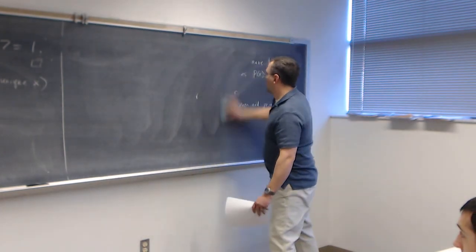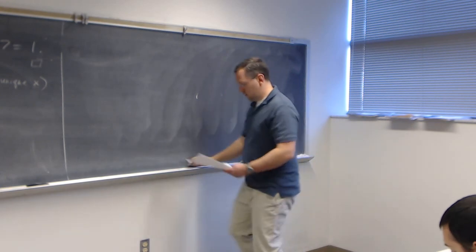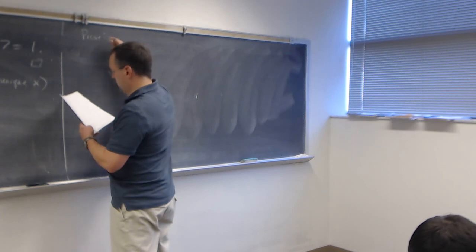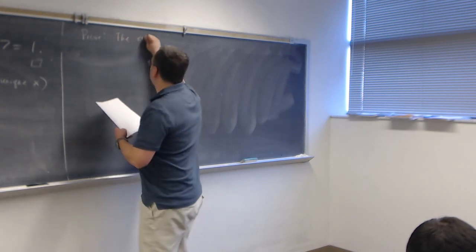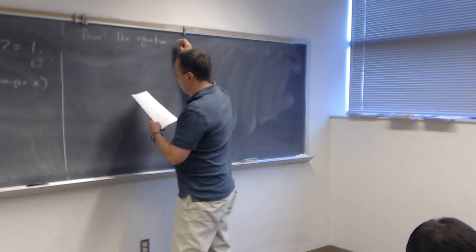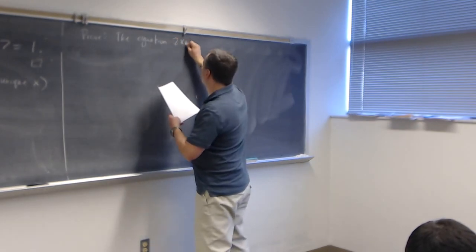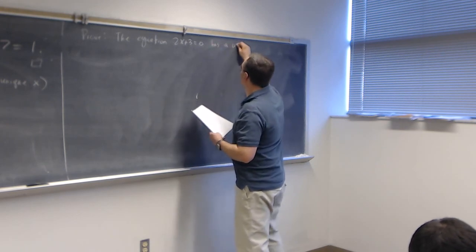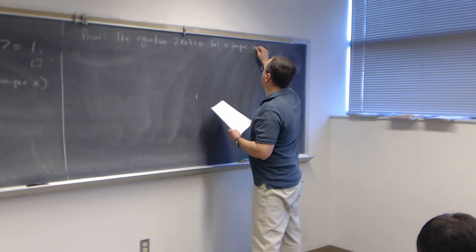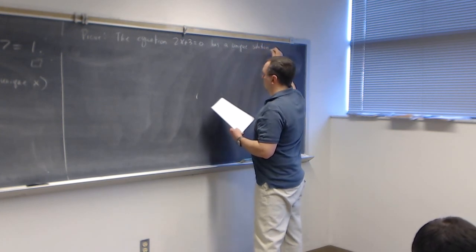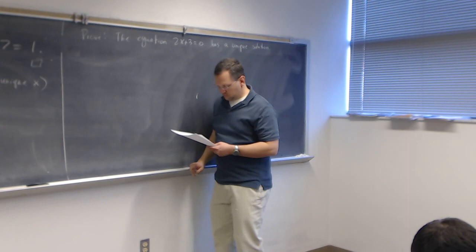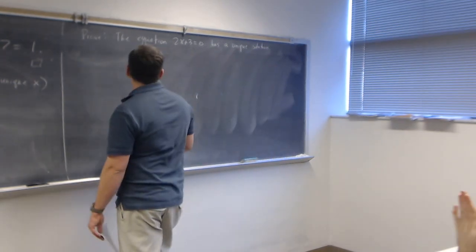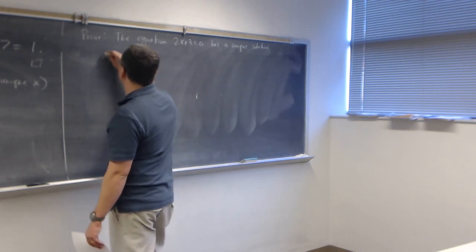Okay. Here's a uniqueness theorem. Prove the equation 2x plus 3 equals 0 has a unique solution. There's really two steps.